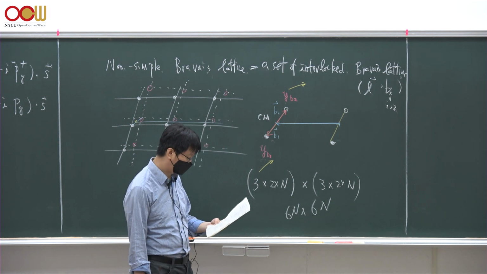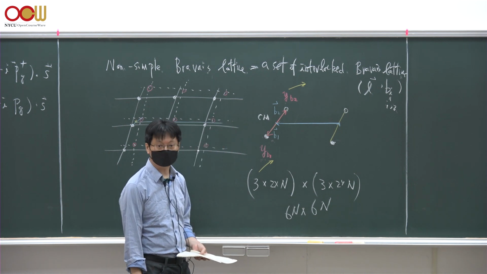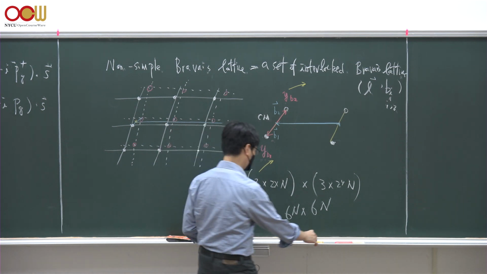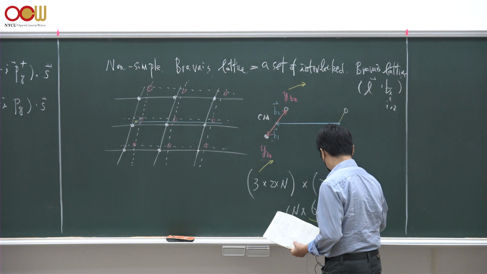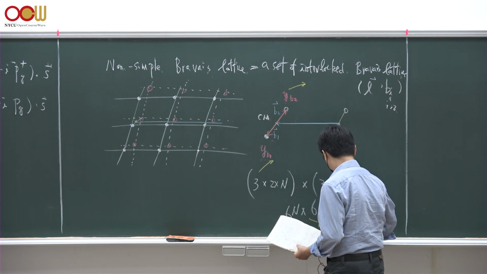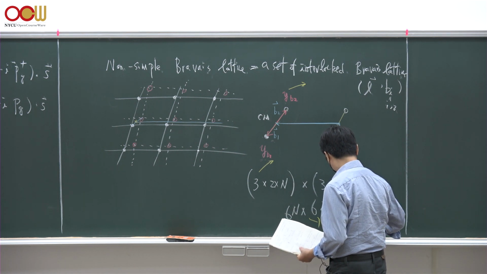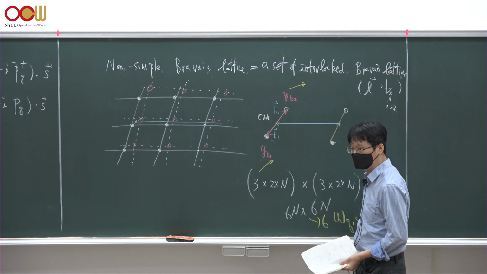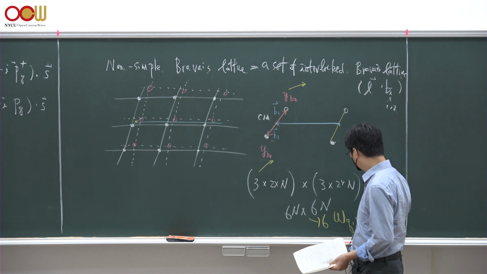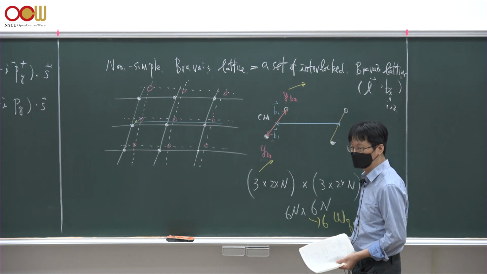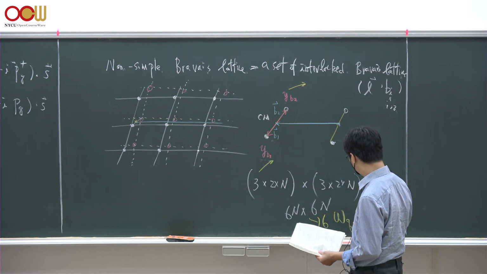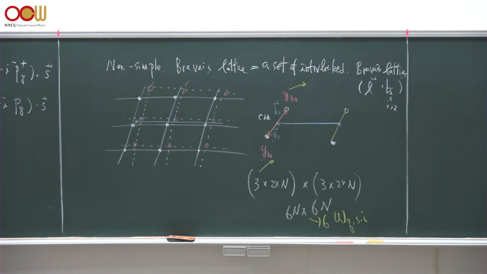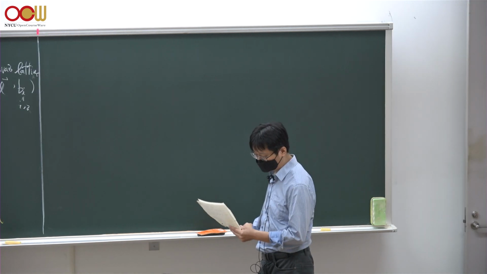As a result, you have six dispersion relations, omega(q, s, i), where s is the polarization vector and i is the sublattice index. So you have twice as many dispersion relations as in the 3-dimensional simple Bravais lattice case.